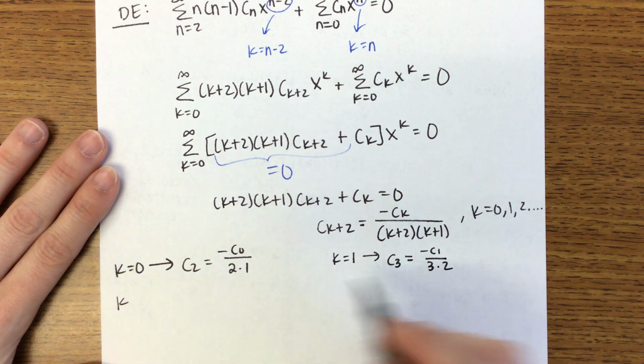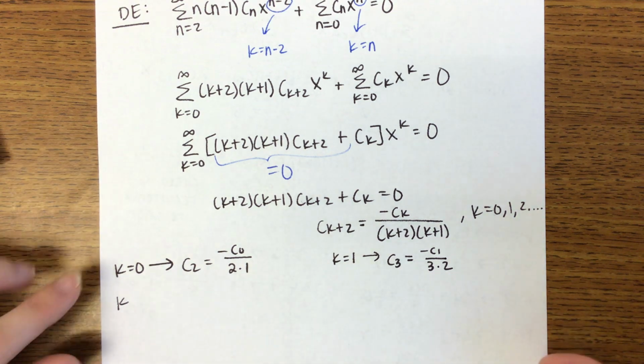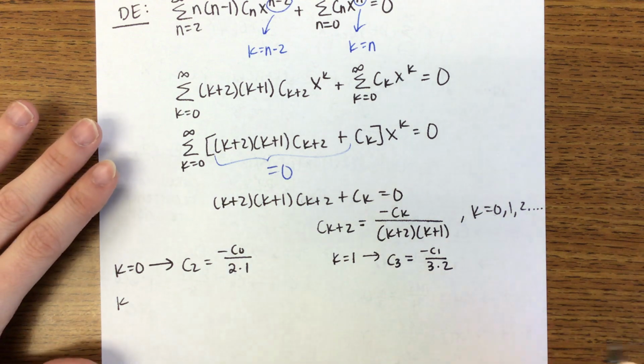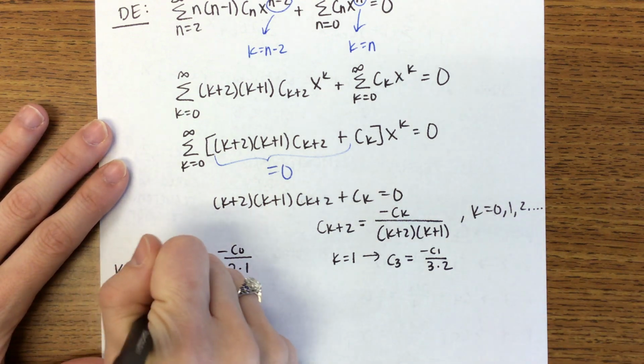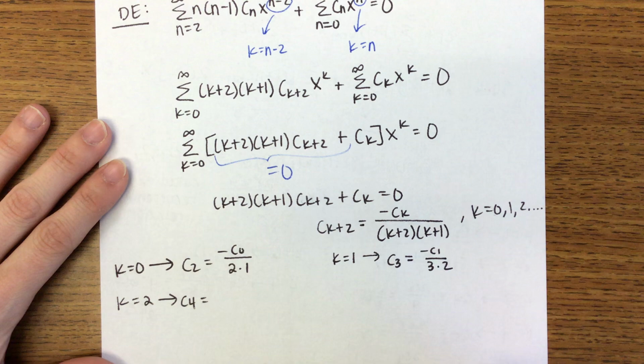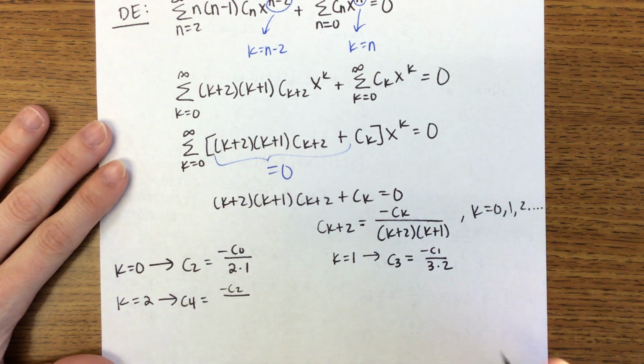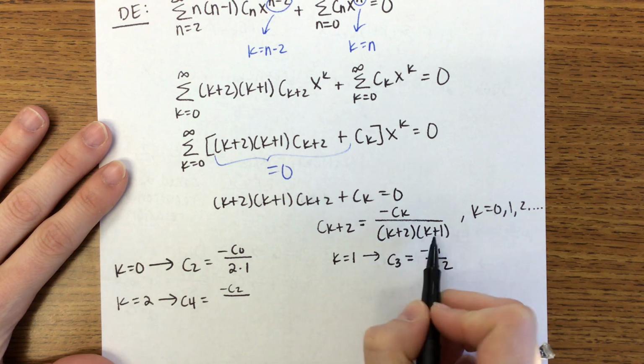I'm going to put the evens on one side, the odds on another side, and you should be able to, in a minute or two, see why I'm doing that. If I plug in k equals 2, I get c_4 is equal to negative c_2 over 4 times 3.